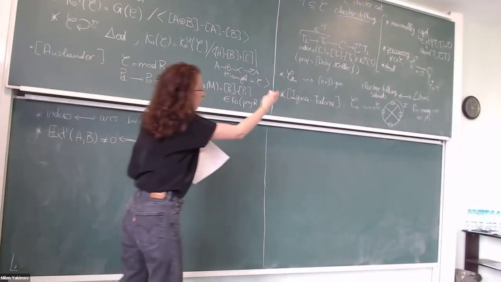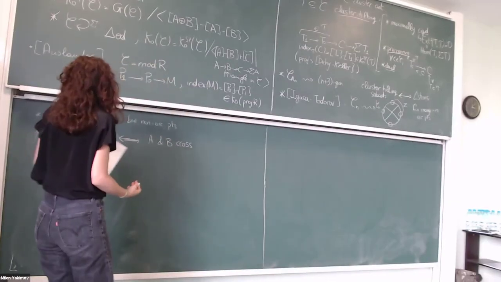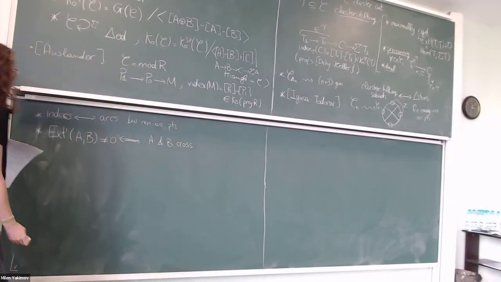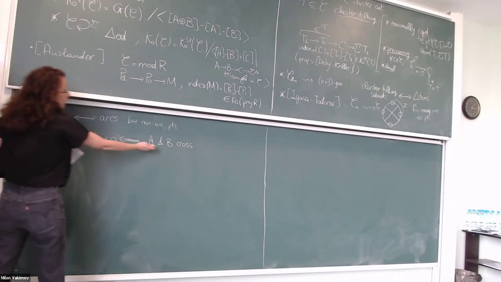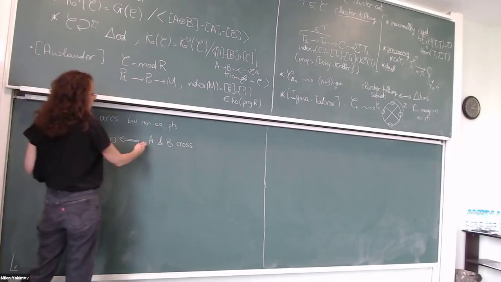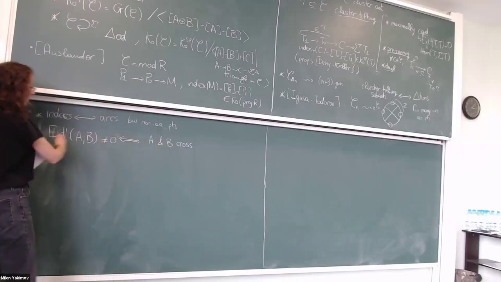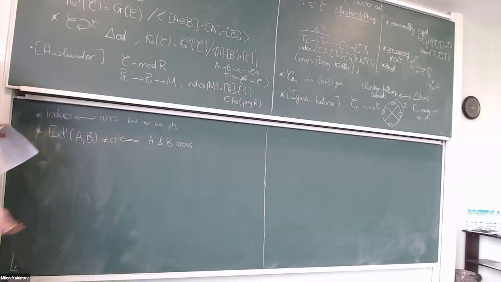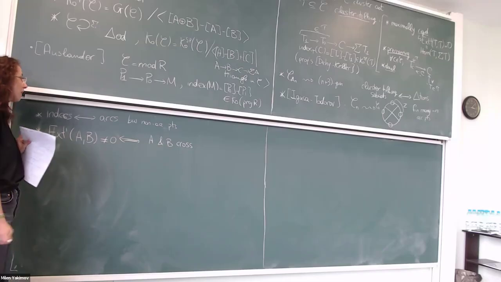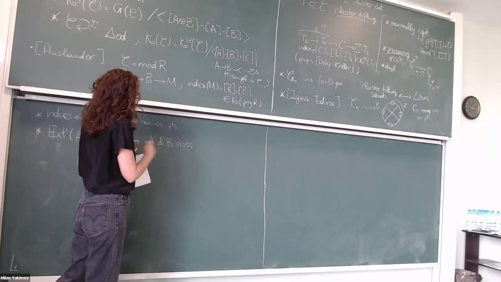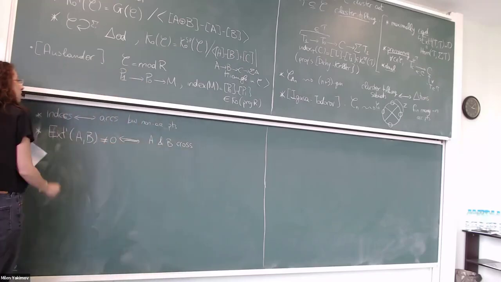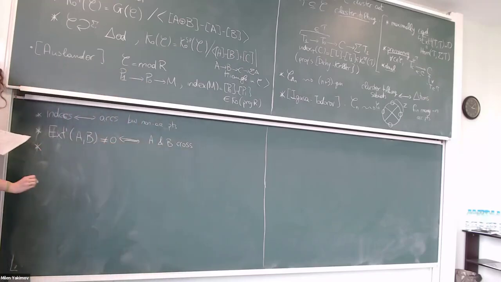So if they cross, they have non-zero Ext group between them. And this is a symmetric condition, of course, because if A and B cross, B and A also cross, and this is Ext^1(B,A) also non-zero in that case. So this is actually a 2-Calabi-Yau category. This symmetry is very connected to this property.